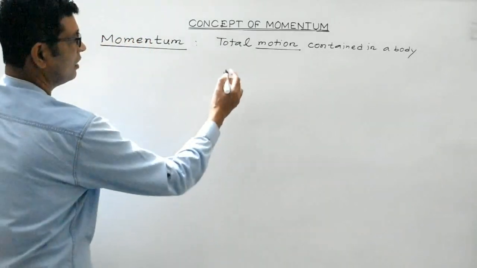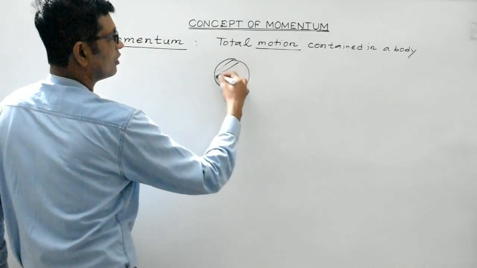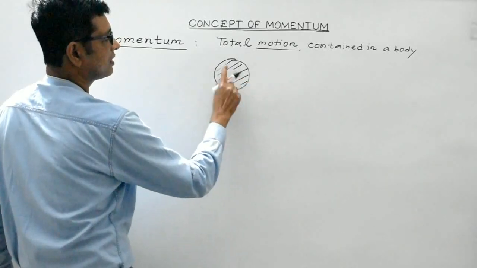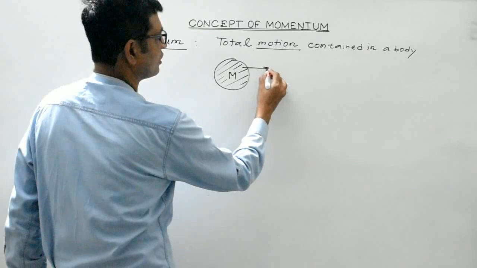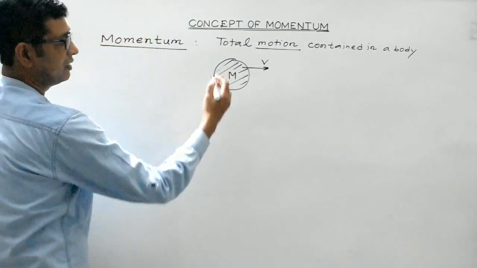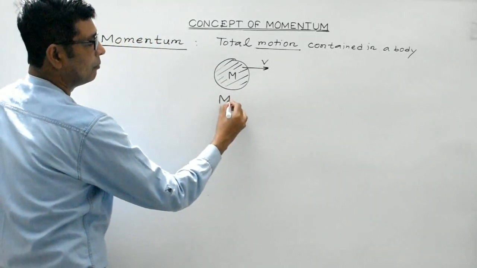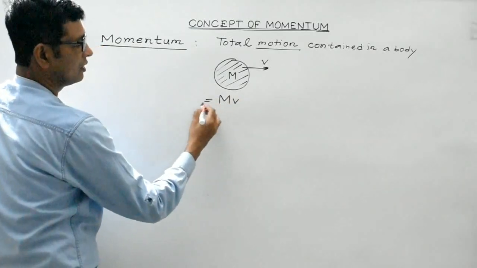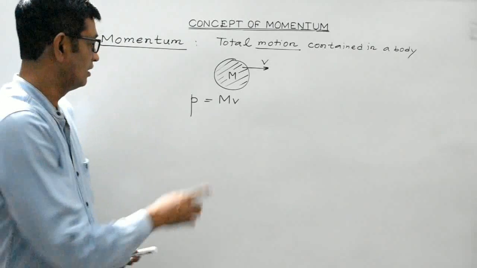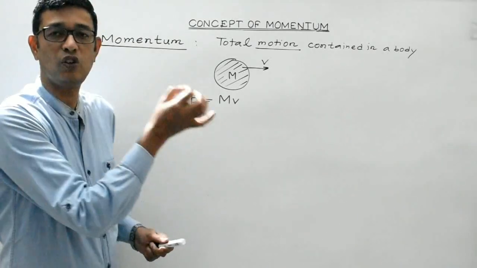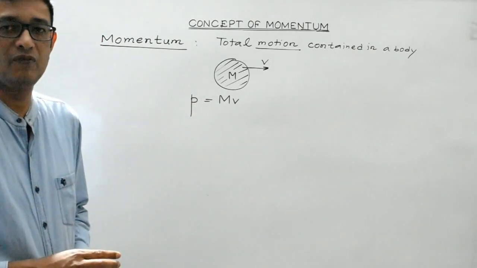For example, suppose this is a body of mass m, and suppose it is moving with velocity v. Then its momentum is given by mass into velocity, and momentum is represented by the small letter p. This is the notation which we use for representing momentum, right?